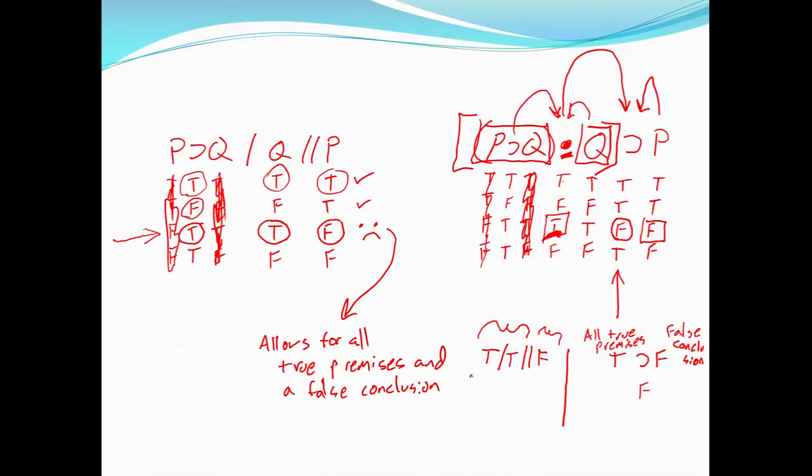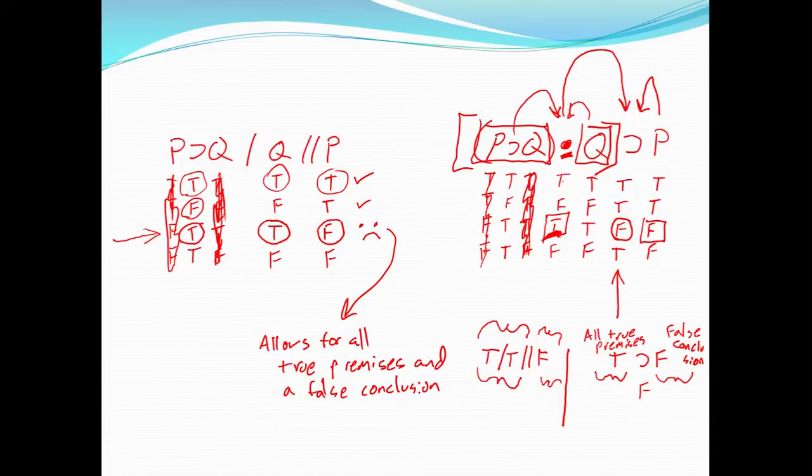So the very same condition that makes an argument invalid, all true on the premise side, false on the conclusion side, is the same thing that makes your conditional statement false, all true on your antecedent side, false on your consequent side. So conditional statements kind of, in a way, share a property with arguments, which makes the corresponding conditional effective mode of evaluation of arguments. So it's just another way of evaluating arguments.